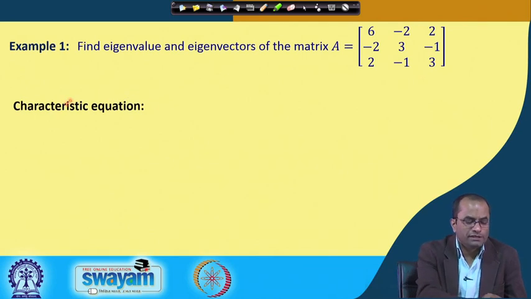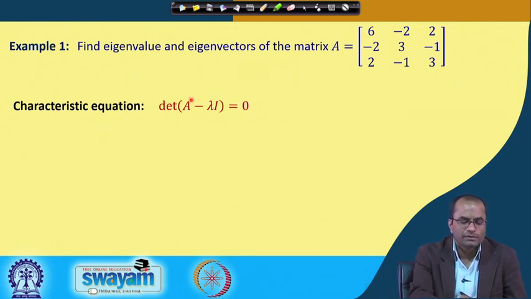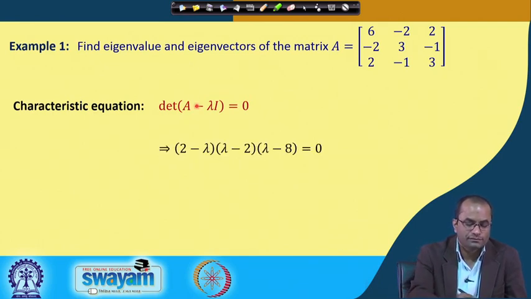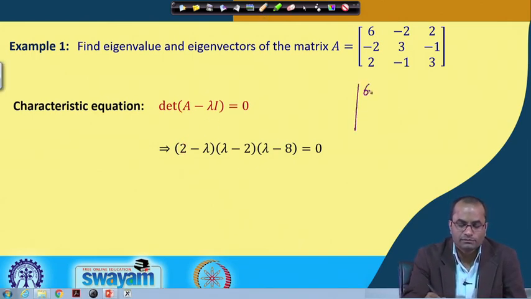So, here first we need to write down the characteristic equation for this given matrix, which is the determinant of A minus lambda I equal to 0. The determinant will be 6 minus lambda, minus 2, 2; minus 2, 3 minus lambda, minus 1; 2, minus 1, 3 minus lambda.